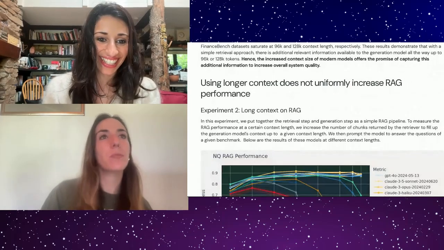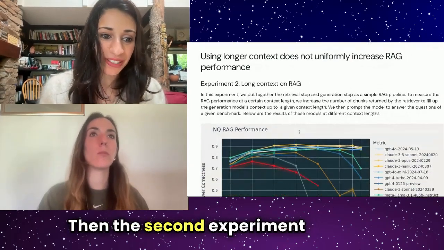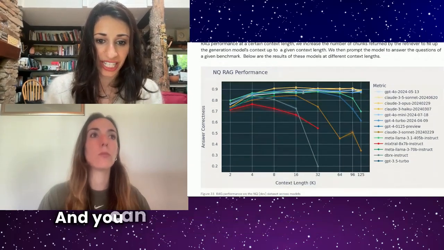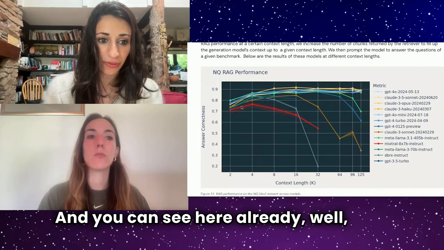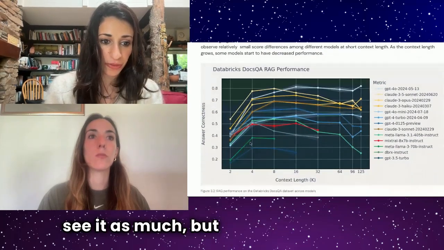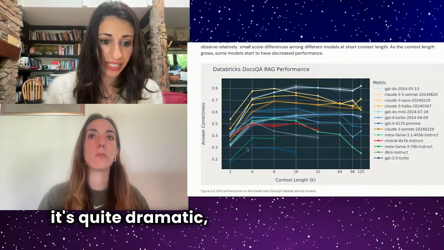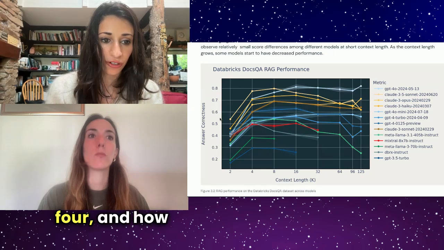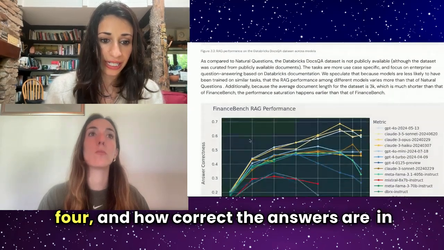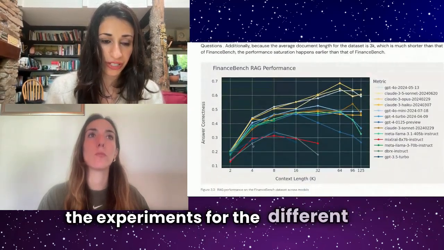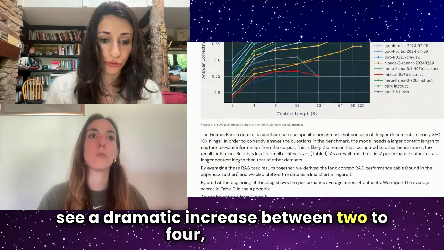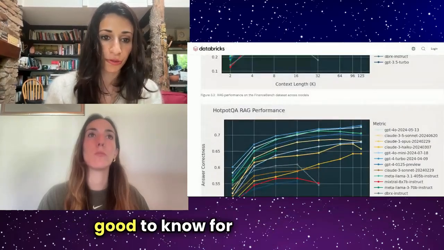Yes. Then the second experiment is about the long context on RAG. And you can see here already, here you cannot see it as much, but in all the other ones, it's quite dramatic: the increased context length between 2 and 4 and how correct the answers are. In all of the experiments for the different datasets, you can always see a dramatic increase between 2 to 4, which is good to know for practitioners.